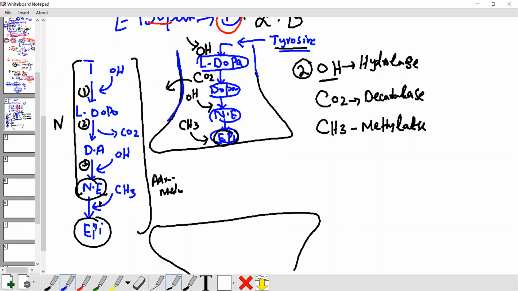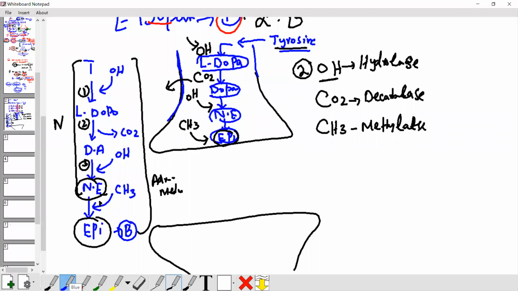Okay. Another thing. If you want to attach to the beta receptor, you must have a methyl group. So that's why epinephrine has first preference for the beta receptor.